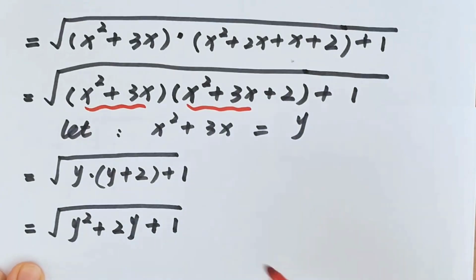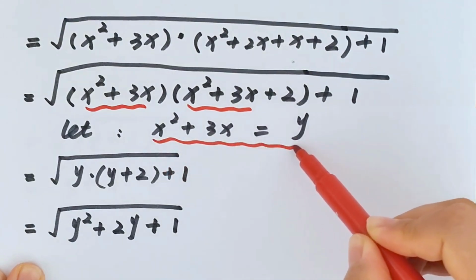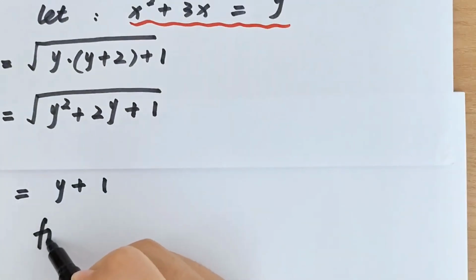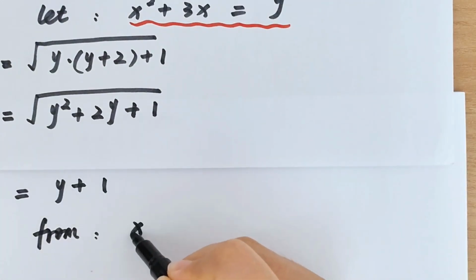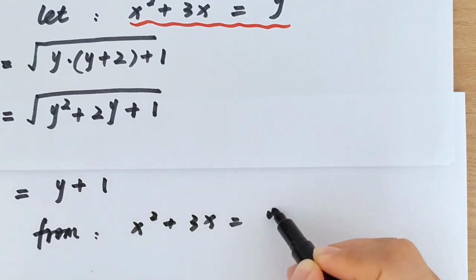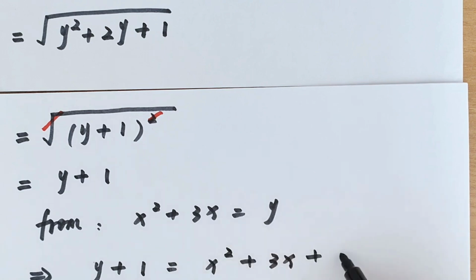And here, we let y equal x squared plus 3x. So y plus 1 equals x squared plus 3x plus 1.